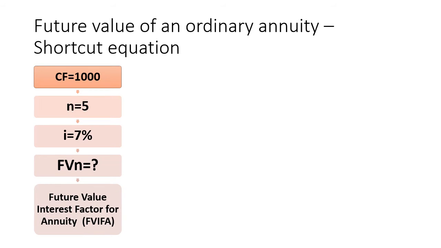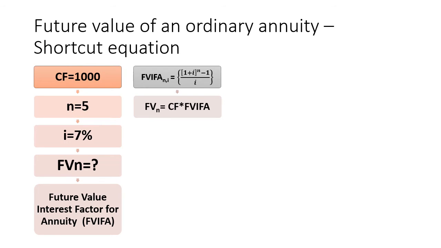So we can calculate what is known as the future value interest factor for an annuity. Its equation will be (1 plus interest rate) to the power n, minus 1, divided by the interest rate.